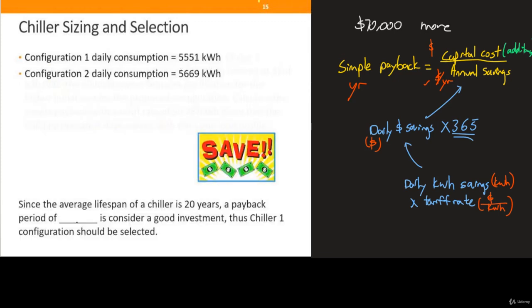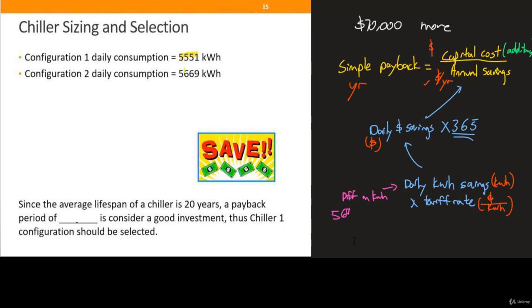So the working should look something like this. First, how do you get your daily kilowatt hour savings? You will need to know the difference in kilowatt hour consumption between the two configurations. Configuration 1 is 5551, configuration 2 is 5669.